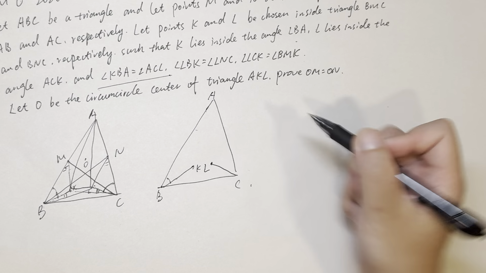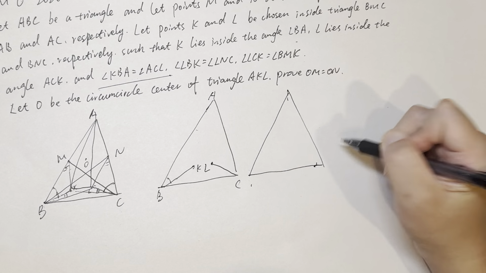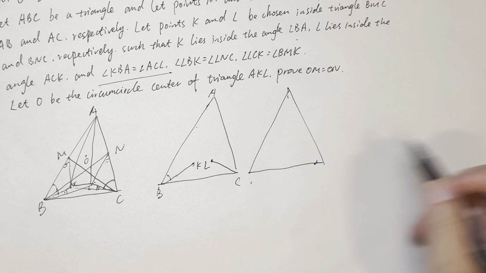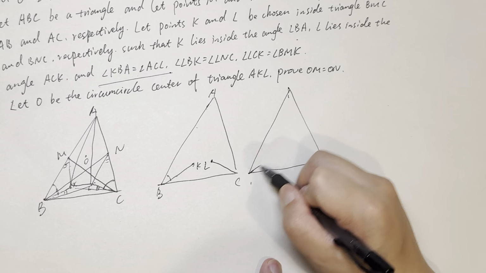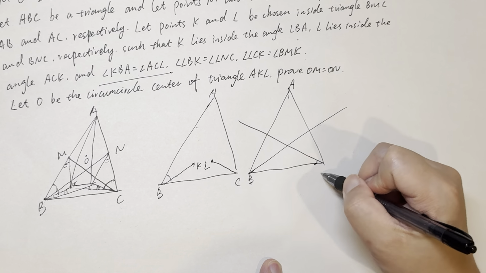This is L, this is K. That means if we extend BK and CL, we can get a figure like this.